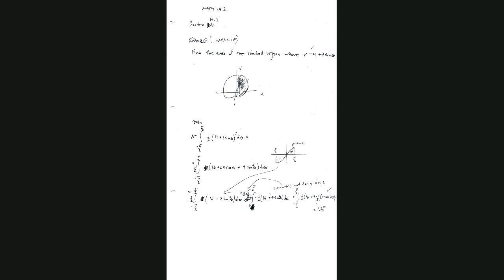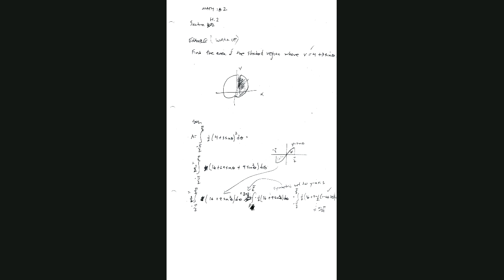Okay. So are we okay going from the left integral to the right integral? Again, I wanted to justify why we can do that. It's because this 16 plus 9 times the sine squared of theta is symmetric about theta equals 0.